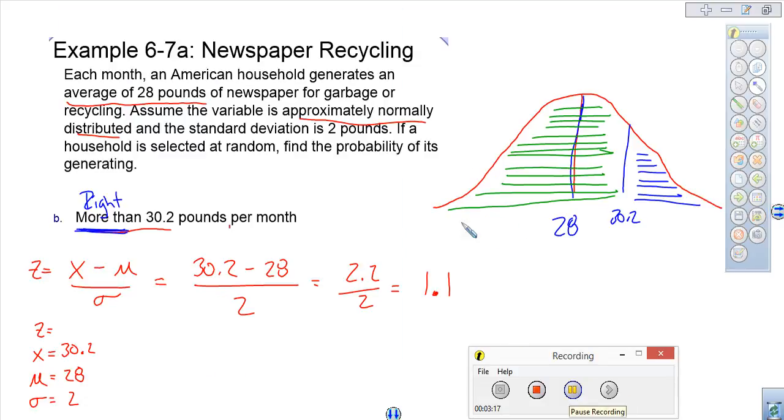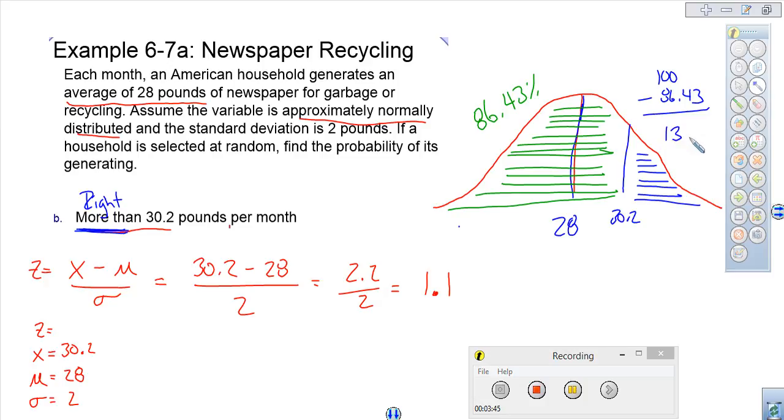So our corresponding percentage for the green area right here is 86.43, but we're looking for what's left over. We're looking for the blue over here. So remember that to find that leftover, we would take 100 minus our 86.43, and we come out with 13.57%.